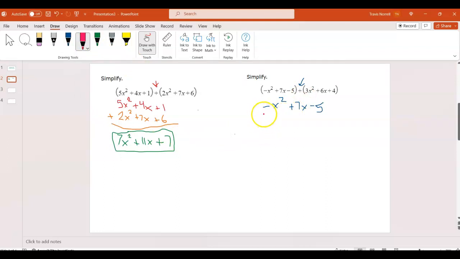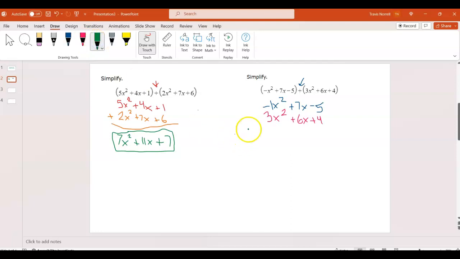Positive 3x squared plus 6x plus 4. Now, anytime we have a value that does not have a number in front of it, we are to assume that there is a 1. So that is going to be a negative 1x squared.